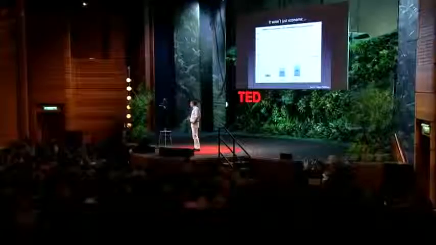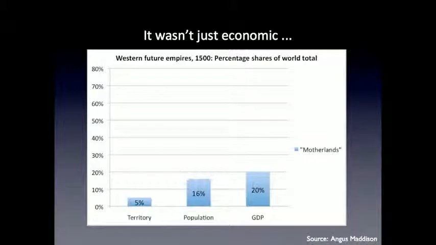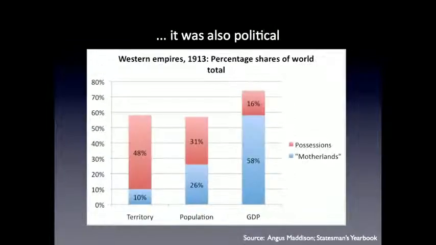This wasn't just an economic story. If you take the 10 countries that went on to become the Western empires, in 1500 they were really quite tiny: 5% of the world's land surface, 16% of its population, maybe 20% of its income.